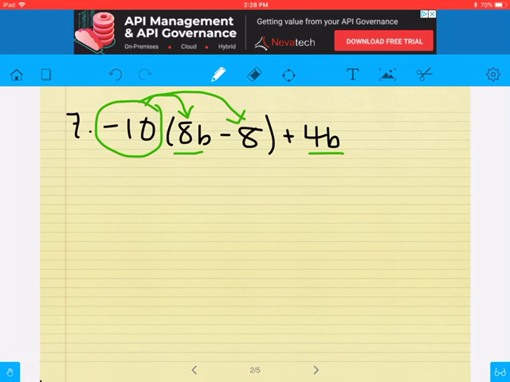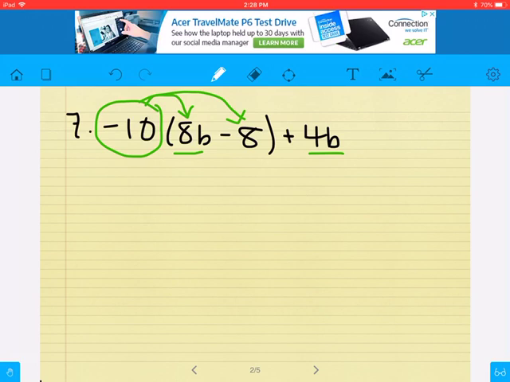When we distribute, the operation is always going to be multiplication. So negative 10 times 8b is going to give me negative 80b, and then negative 10 times negative 8 is going to give me positive 80. Then we need to bring that plus 4b down as well. We're checking to see if we have any like terms to combine.